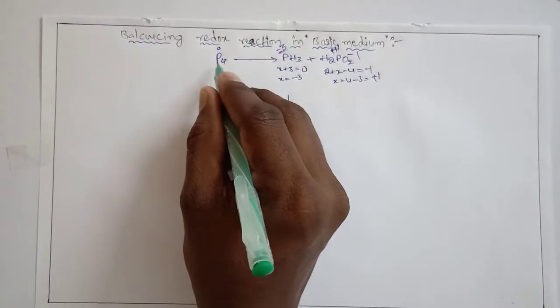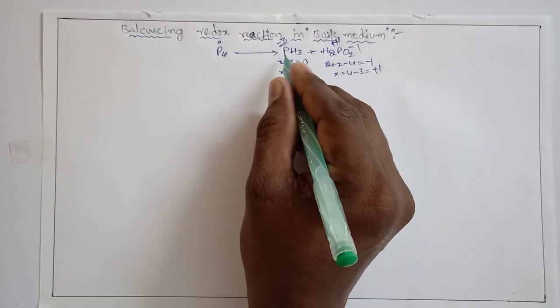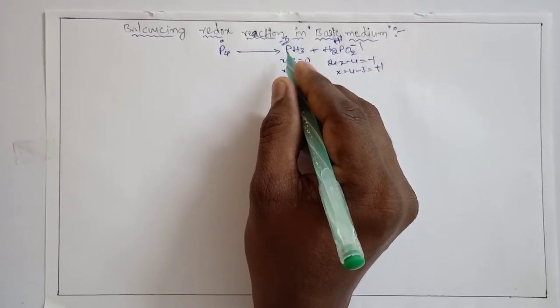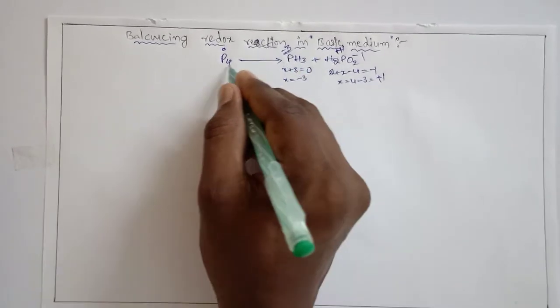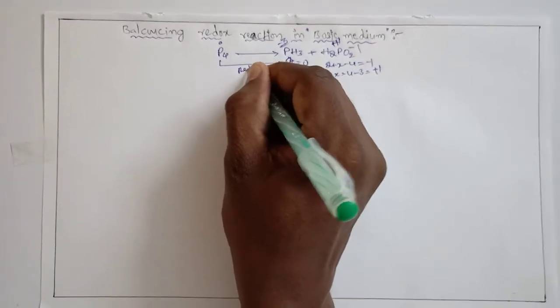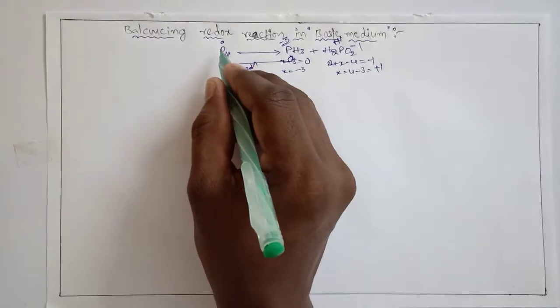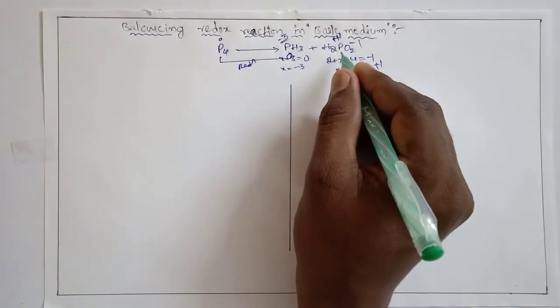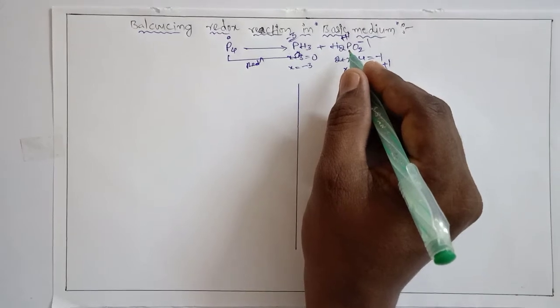So here phosphorus is 0, there phosphorus is -3. 0 to -3 means the oxidation number decreases. That is a reduction reaction. Next, here phosphorus is 0, in this ion phosphorus is +1. 0 to +1 means the oxidation number increases.